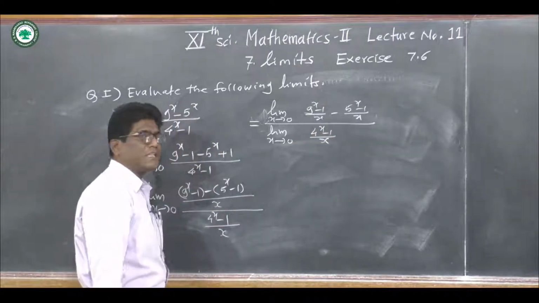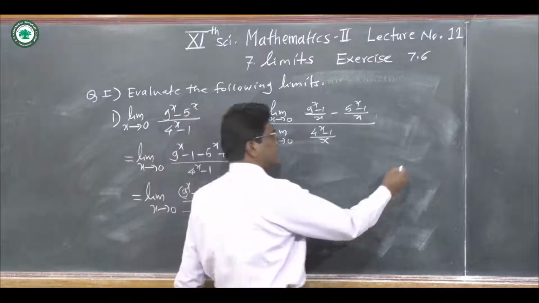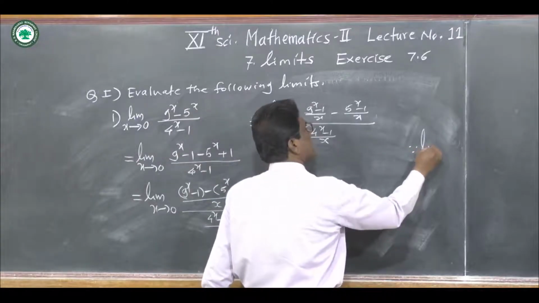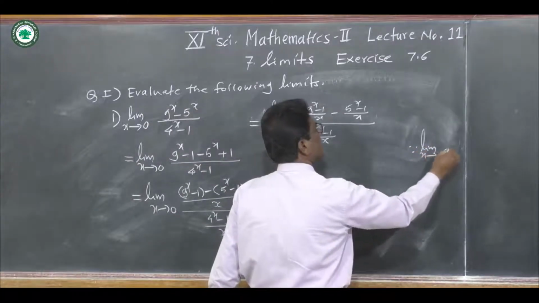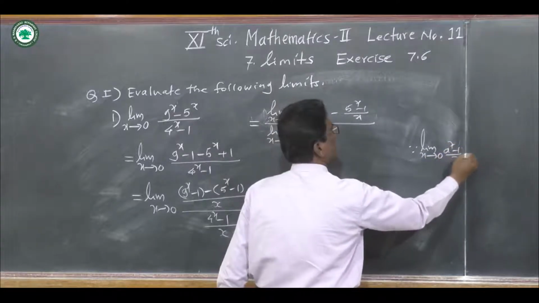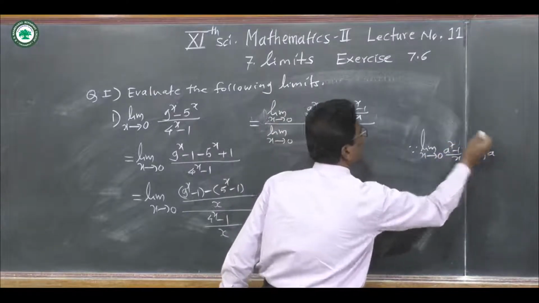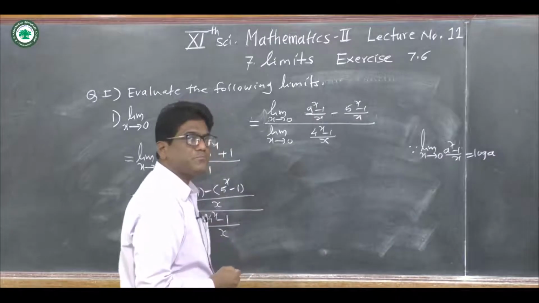And now use the standard formula: the limit as x tends to 0 of a to the power x minus 1 upon x is equal to log of a. This is our standard formula.